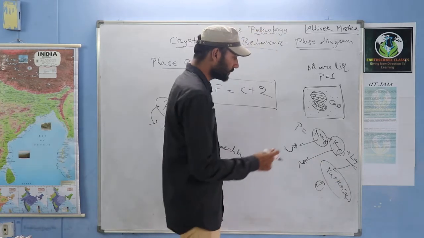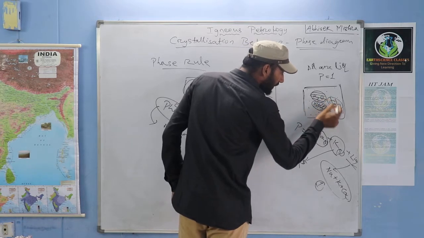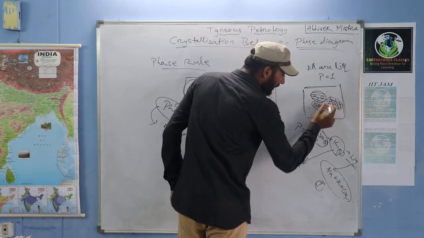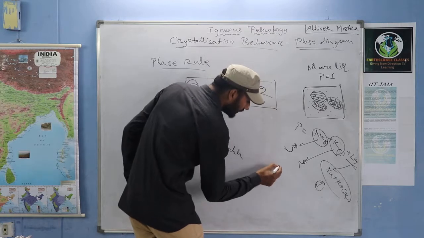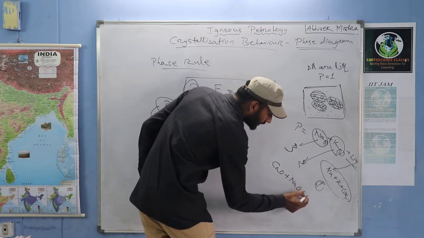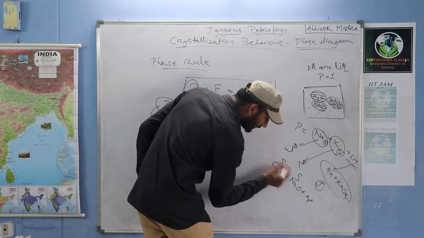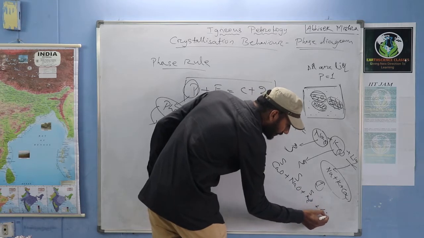Okay, then if calcium oxide starts precipitating, or calcium oxide starts forming, then what happens? Calcium oxide plus sodium oxide plus potassium oxide, all these are solid, right? Solid plus liquid.